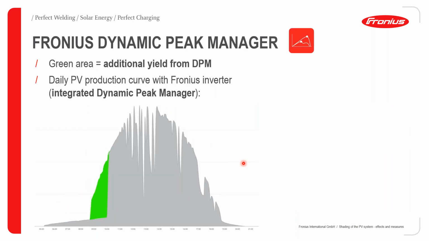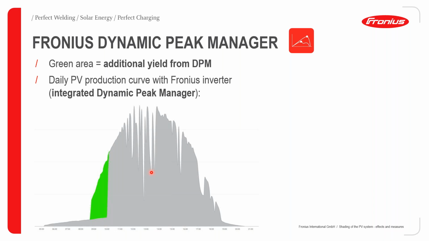So let's look at what you can gain in terms of actual yield by using the FRONIUS Dynamic Peak Manager. In the previous graph that I showed you, there was an area highlighted with red lines, and that represented a portion of energy or power that was not being harnessed or delivered for use to your household or to your factory, whichever the application is.